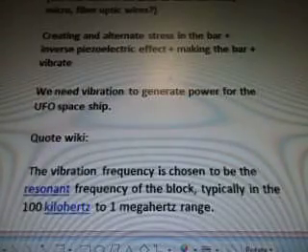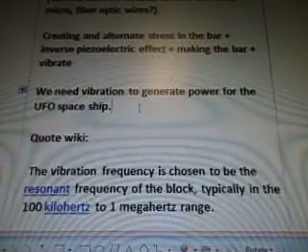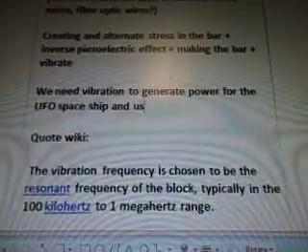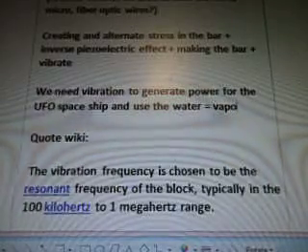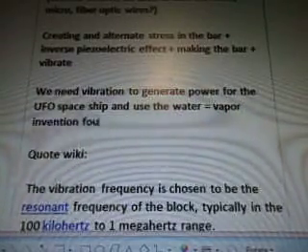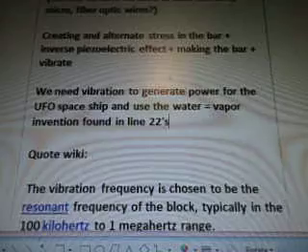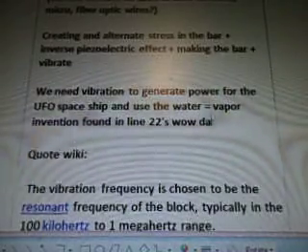We need vibration to generate power for the UFO spaceship, and use the water plus vapor invention found in line 22's Wow data formulas.